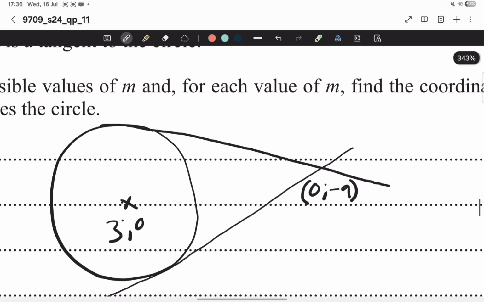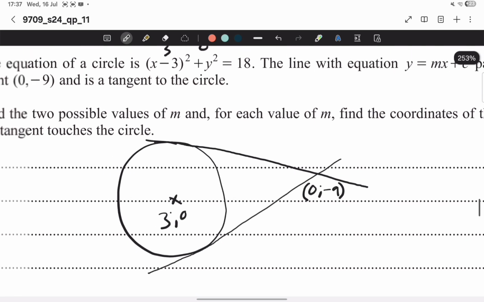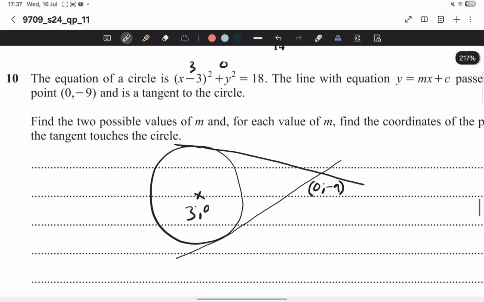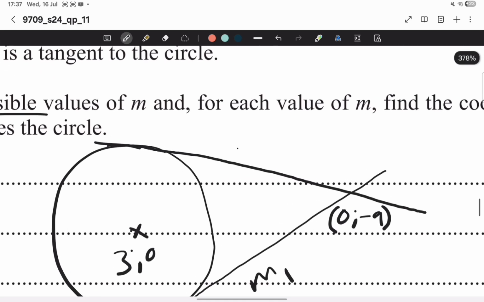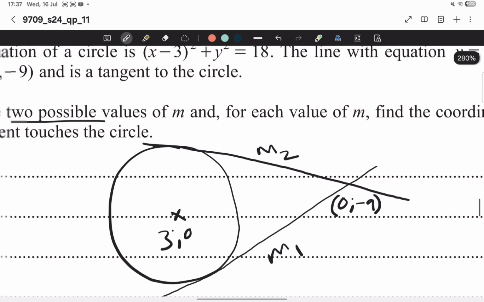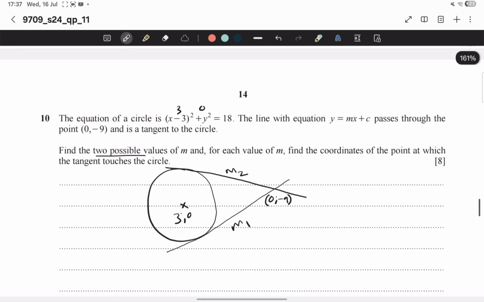As you can see, these two lines have different gradients. That's why we're being asked to find two possible values of m. One for this one, which we can call m1, and the second one for this one, which we'll call m2. And the line has equation y = mx + c.